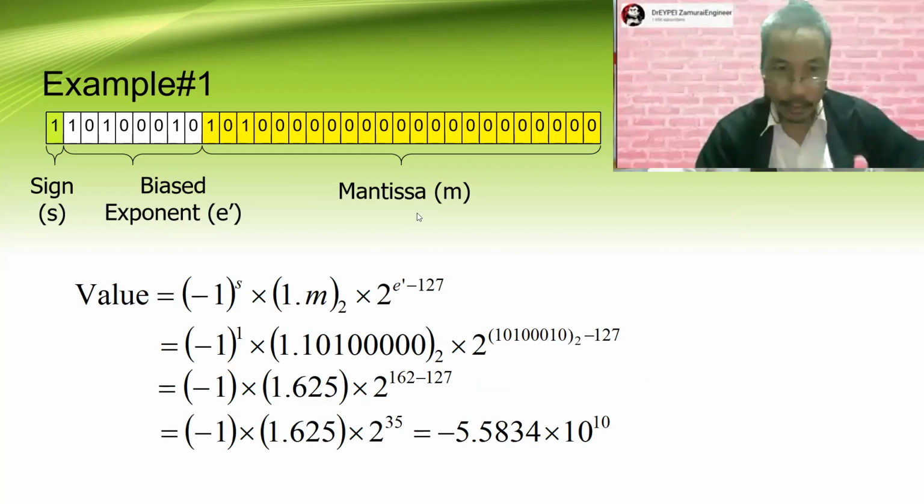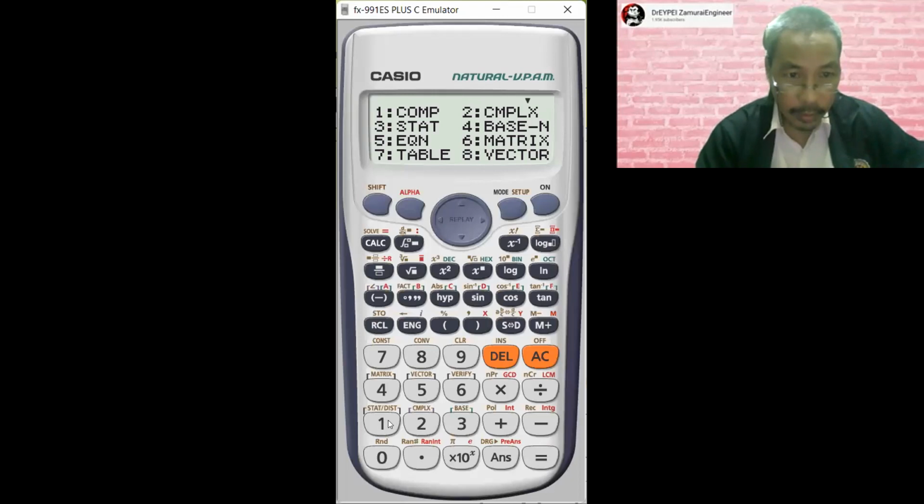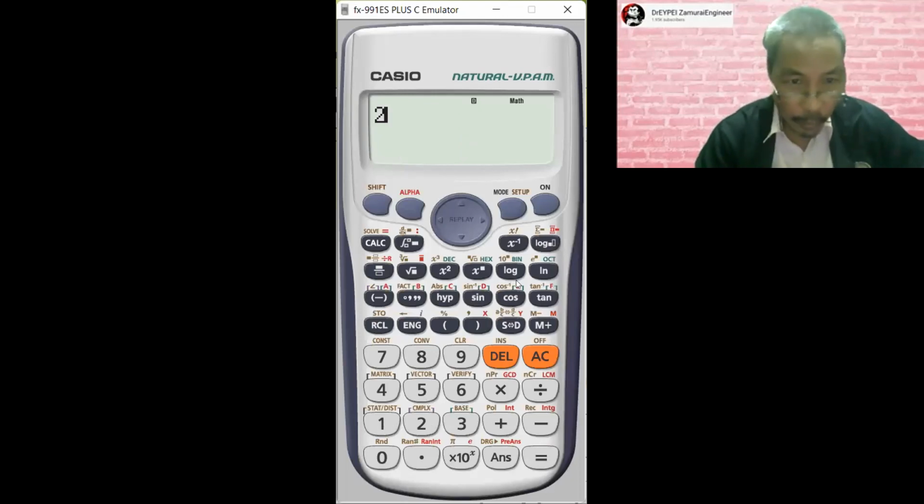Okay, so 2 to the exponent here, 35. So put 35 here. I hope you are following my calculator. Okay, equals.